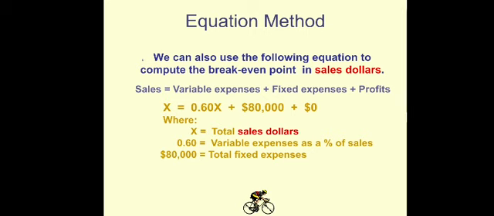So what is the break-even point in terms of dollar? 400 bikes times $500, because every bicycle's price is $500. So 400 bicycles times $500, the answer is $80,000. So if the company can make $80,000 of sales, then the company will achieve the break-even point.